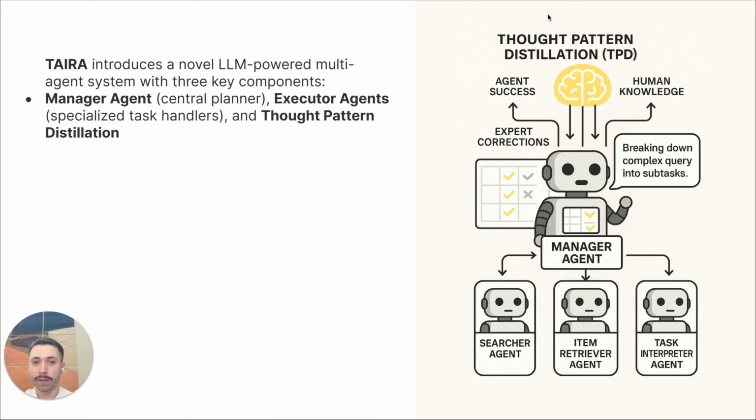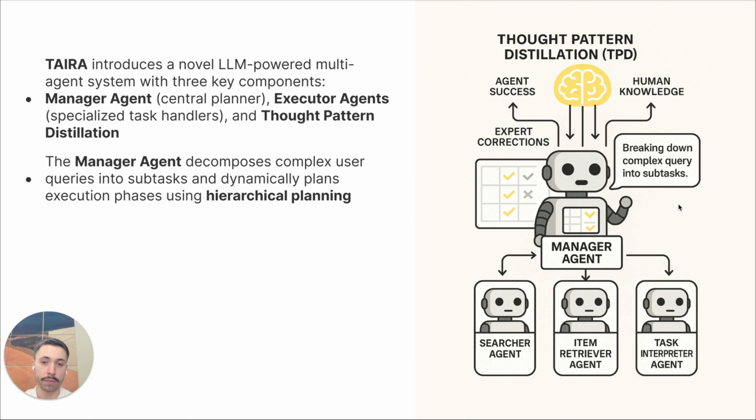That's where TAIRA comes in. It's a multi-agent system with three key components: manager agent for central planning, executor agents for specialized tasks, and a thing called thought pattern distillation I will talk about later. The manager agent breaks down complex user queries into subtasks and dynamically plans execution using hierarchical planning.